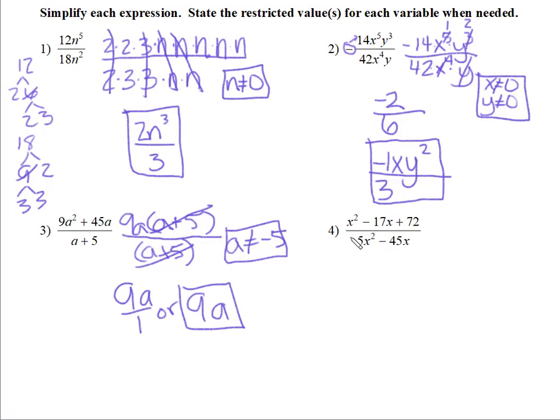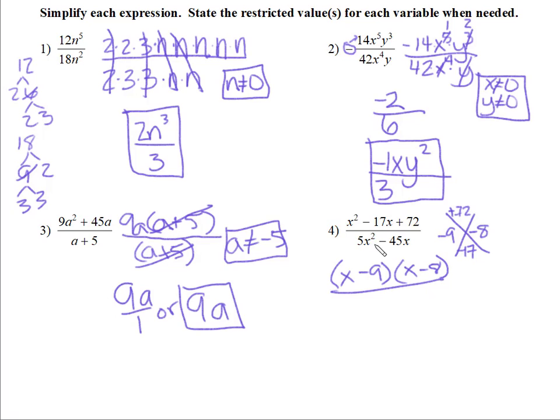Okay, let's try one more over here, number 4. We've got a full quadratic up top, so we're going to look to factor that out. So I need factors of 72 that add up to negative 17, which end up being negative 9 and negative 8. So this quadratic up top factors as x minus 9 times x minus 8.